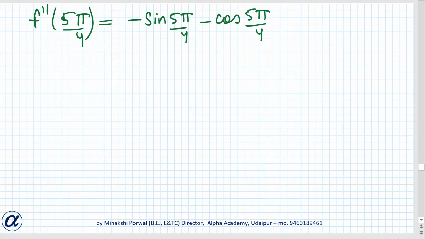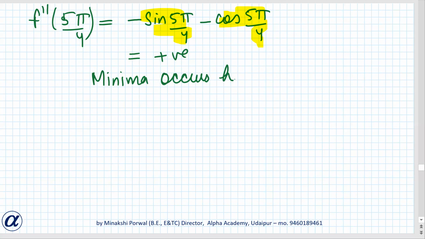This is actually the third quadrant, so both values are negative, and with the minus sign in front, this becomes positive. Similarly here also, if it is positive, that means minima occurs here. And we have to find the maximum value only, so we'll not solve this other part.